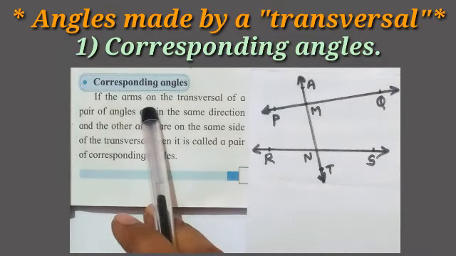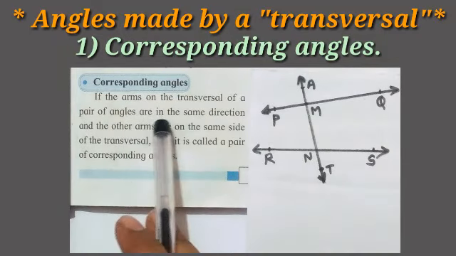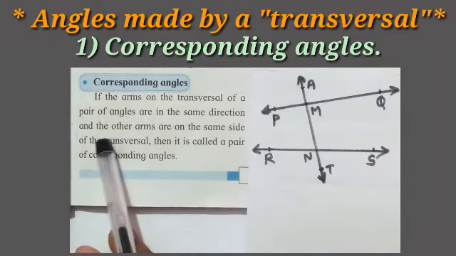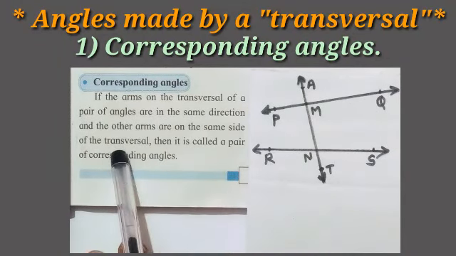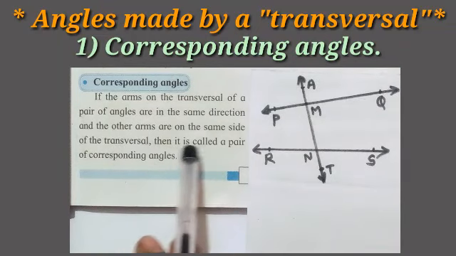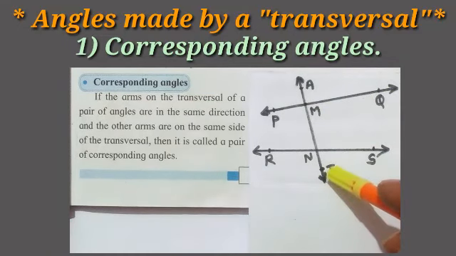If the arms on the transversal of a pair of angles are in the same direction and the other arms are on the same side of the transversal, then it is called a pair of corresponding angles. It means, suppose this is one of the figures. Here these two are the parallel lines and this is the transversal of these two parallel lines.